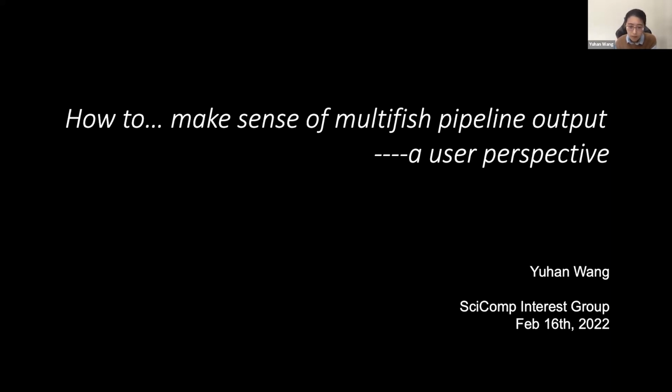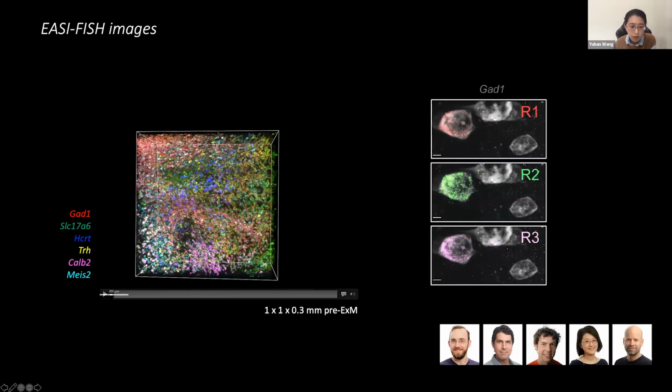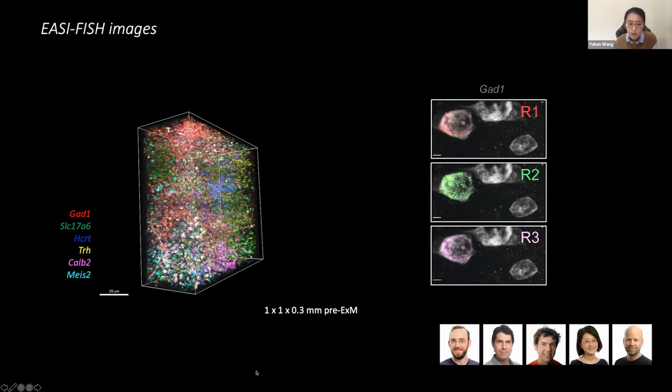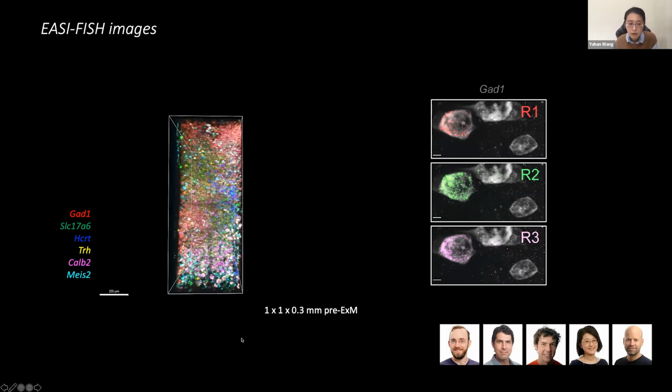For people who are not familiar, I worked with the multifish project team, and we developed an experimental setup where we were able to image six tissue volumes for RNA FISH.